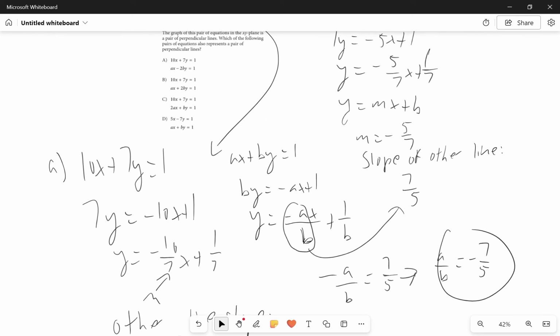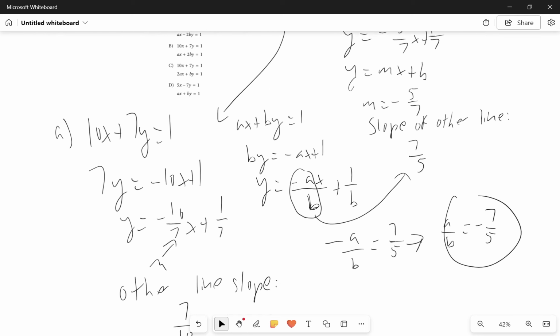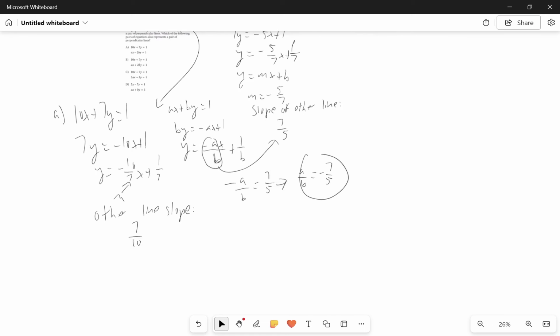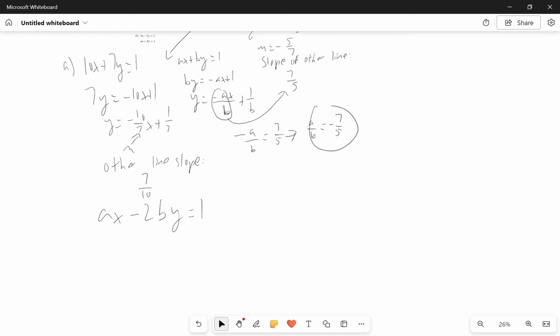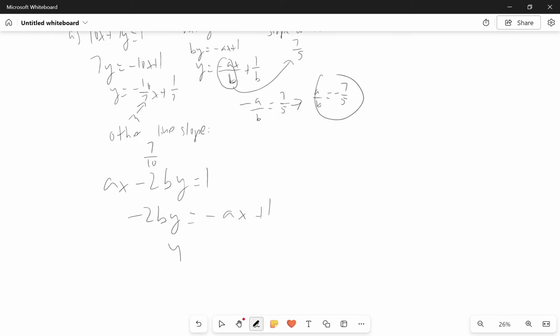The other line is in the form ax minus 2by equals 1. So negative 2by equals negative ax plus 1, divided by negative 2b. y is equal to ax over 2b minus 1 over 2b.